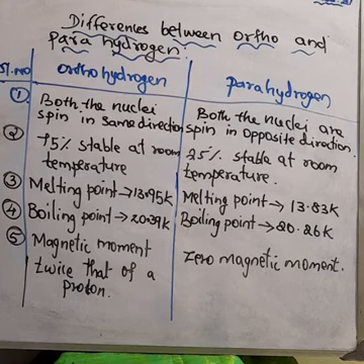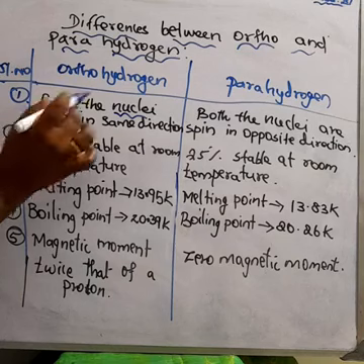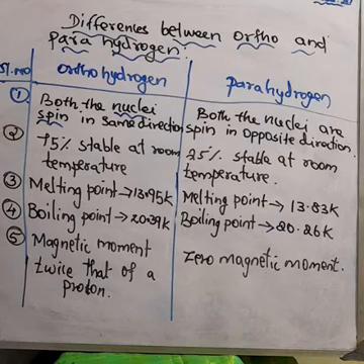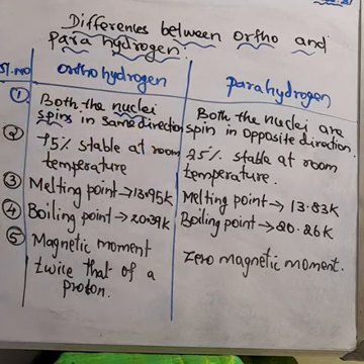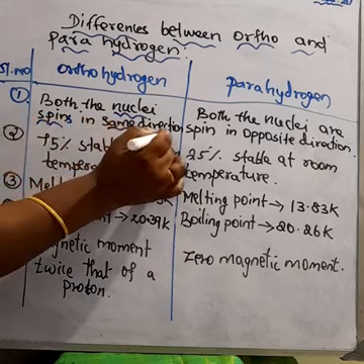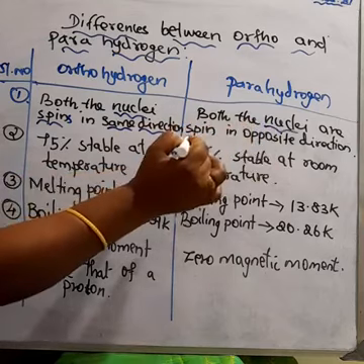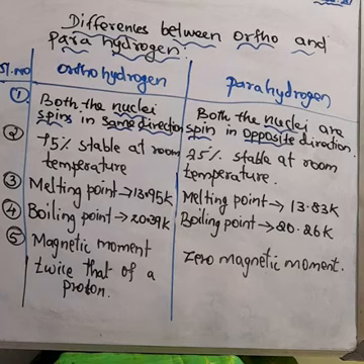In orthohydrogen, both the nuclei of the hydrogen atoms spin in the same direction. Para hydrogen means both the nuclei of the two hydrogen atoms spin in the opposite direction.